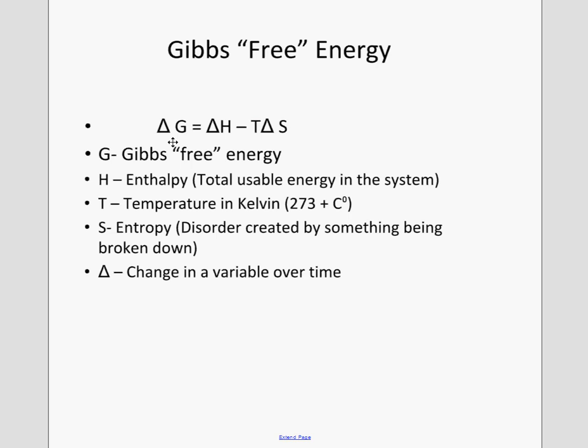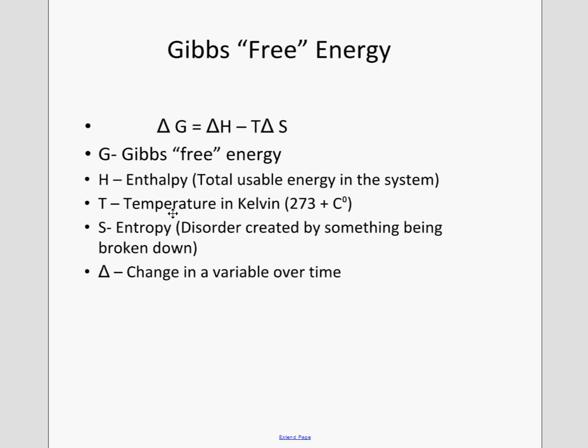And so that energy, the amount of free energy available, equals the total amount of energy in a system, which is called enthalpy, you can see here. And then you subtract that, subtract the entropy times the temperature.